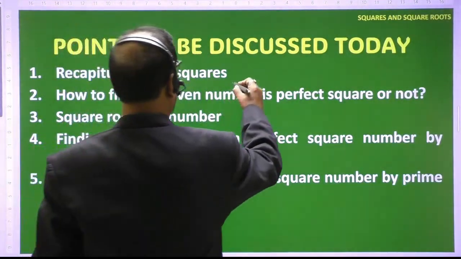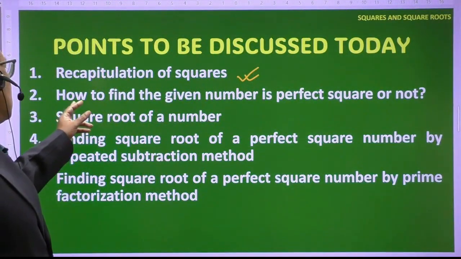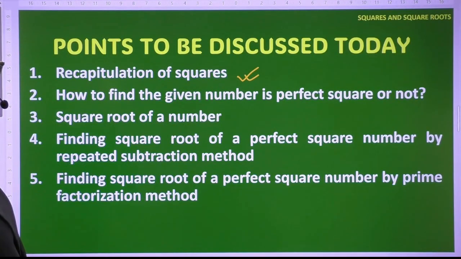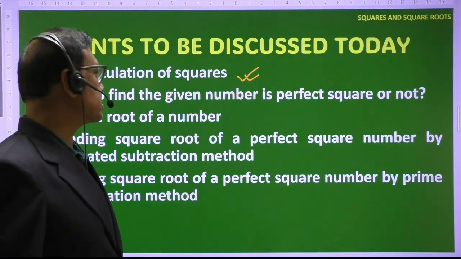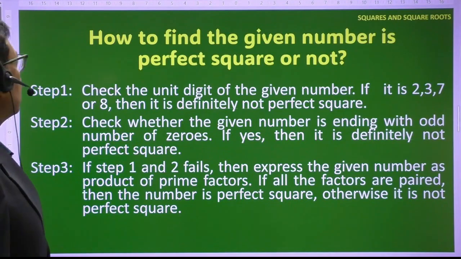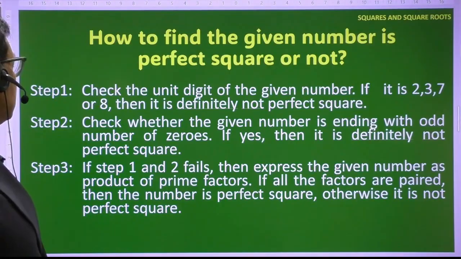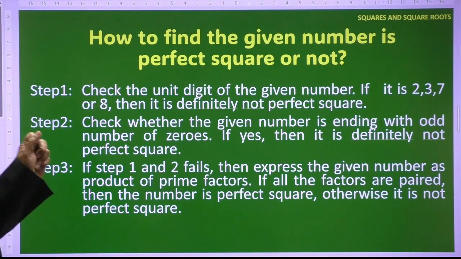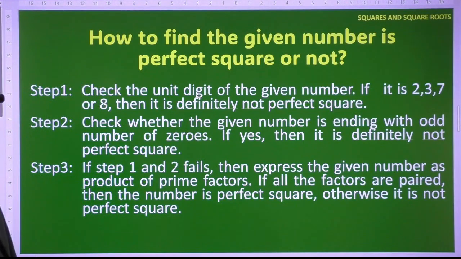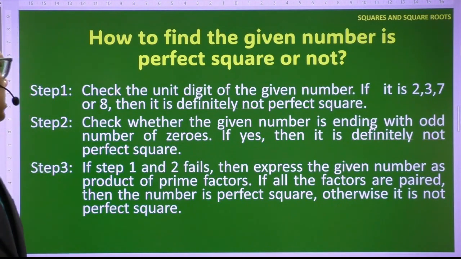So the first point is discussed now. How to find whether the given number is a perfect square or not. The second point I am going to discuss now. Step 1, check the unit digit of the given number. If it is 2, 3, 7 or 8, then it is definitely not a perfect square. Is it clear?